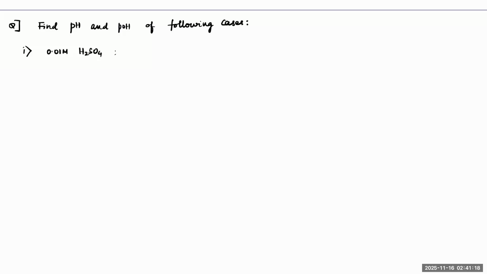H2SO4 is a strong acid. Now I'm writing everything for strong acid. So strong acid means we have H2SO4, and you expect that to completely ionize into 2H plus ions plus SO4 2 minus ions.